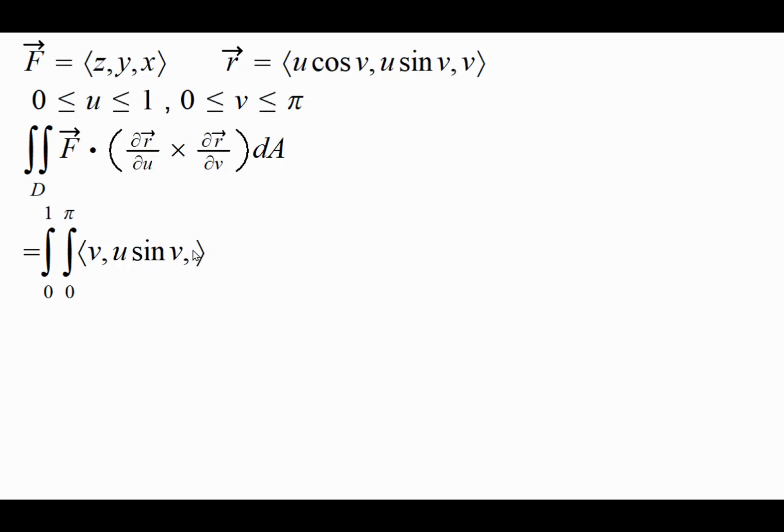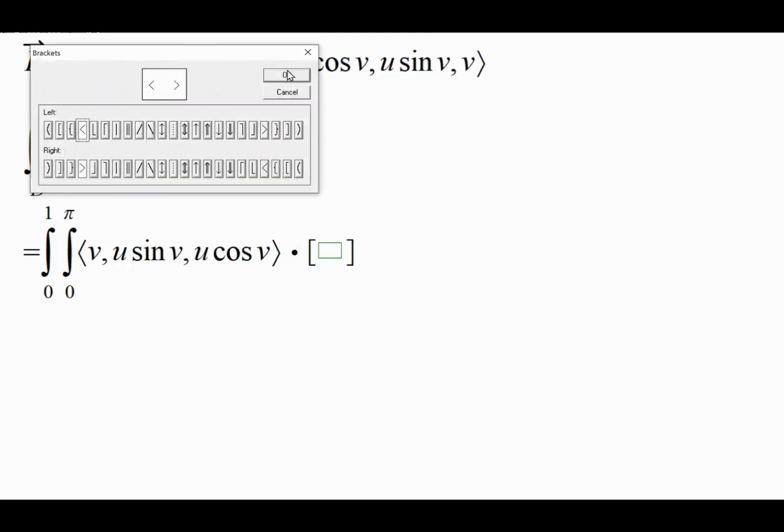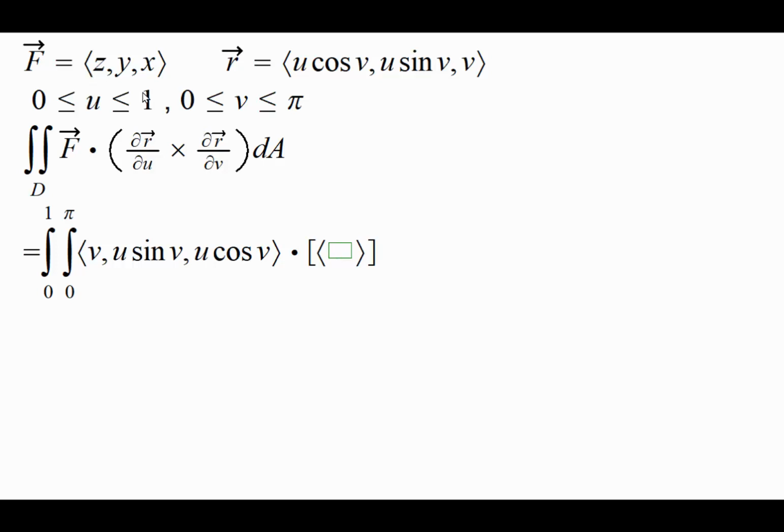Then we have the dot product of this vector with, let me just use a different bracket for a moment, dr/du.